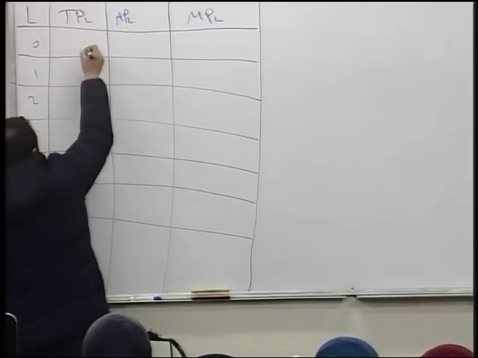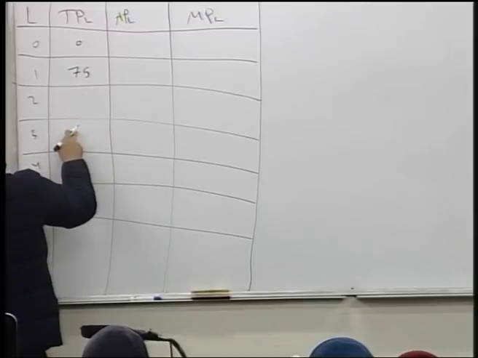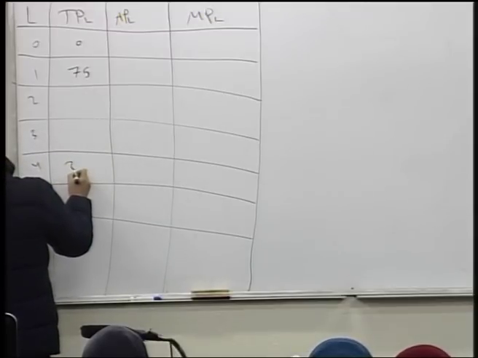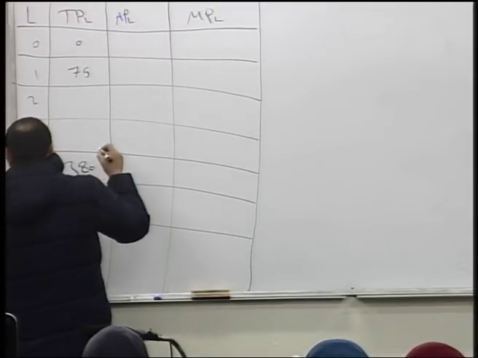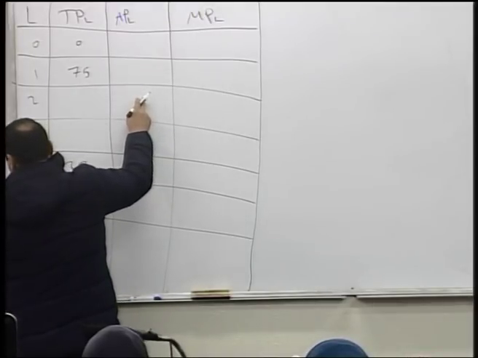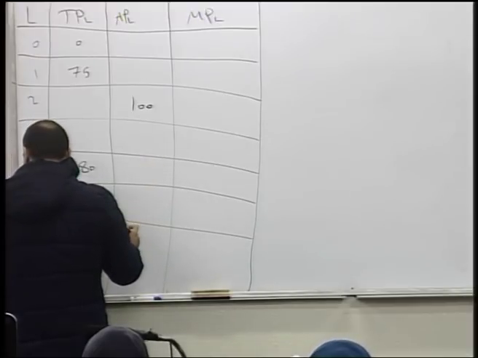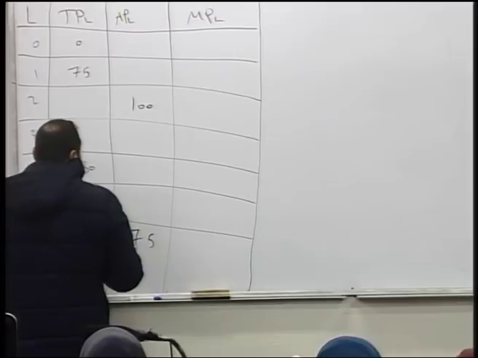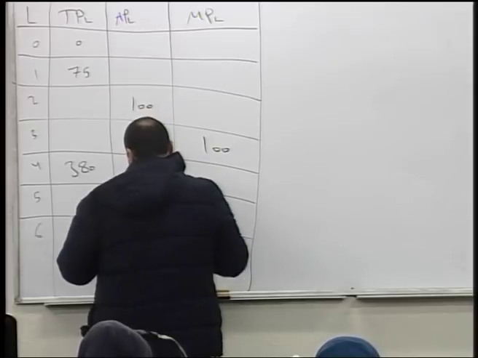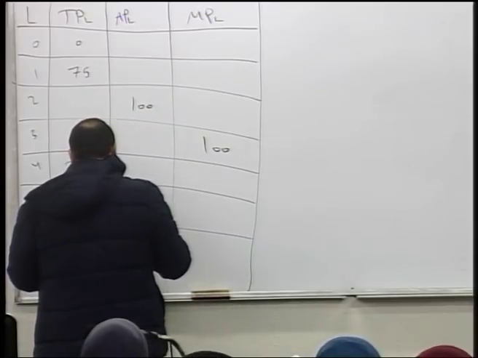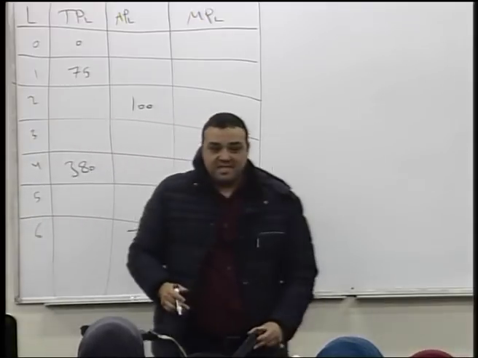TPL goes from 0, 75, to 380. APL is 100, 75. MPL is 100, 100, 50. That's it. Complete the table.